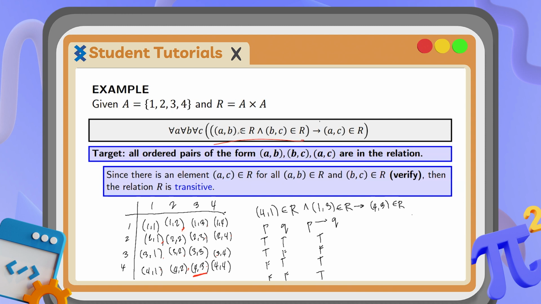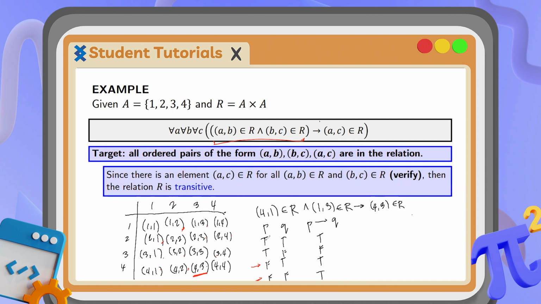If either (a, b) is not in the relation or (b, c) is not in the relation, then that automatically would make the relation transitive, as exhibited by here, where the premise, which is this one over here, is false, which would make the implication statement true.